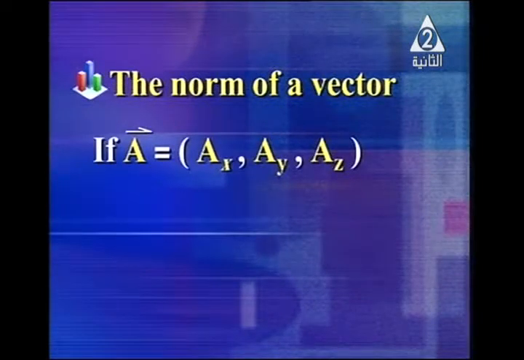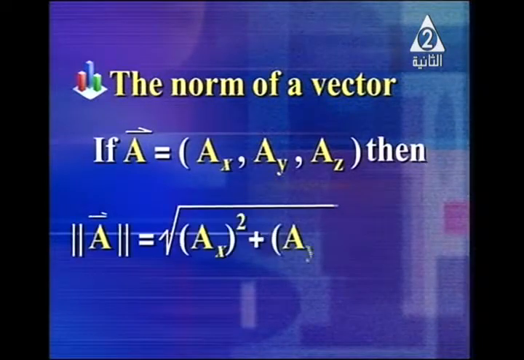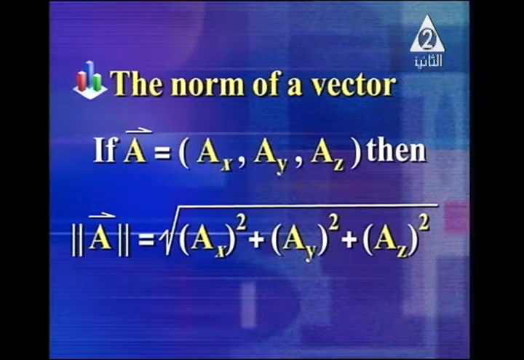If we have vector A with 3 components: AX, AY, AZ, then the norm of vector A is the square root of AX square plus AY square plus AZ square.